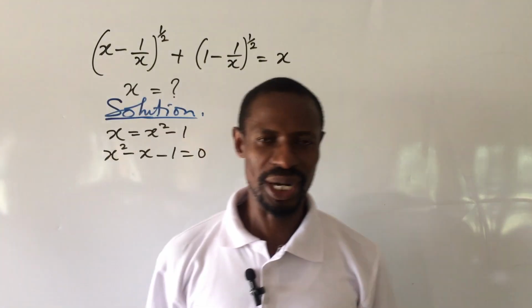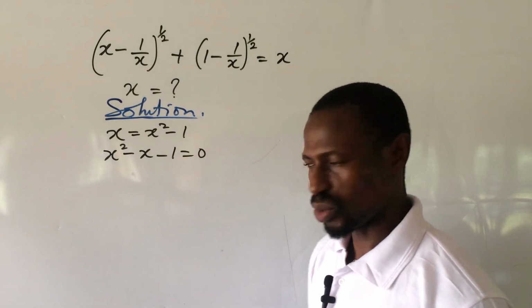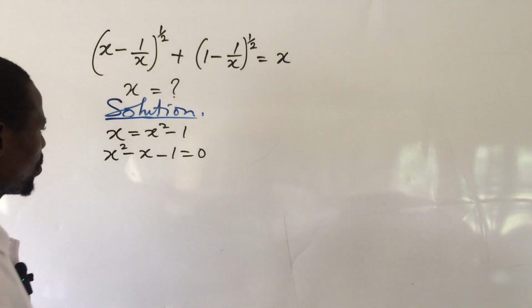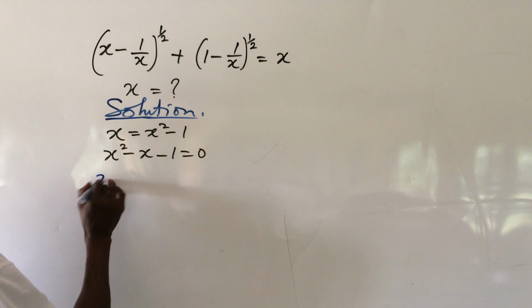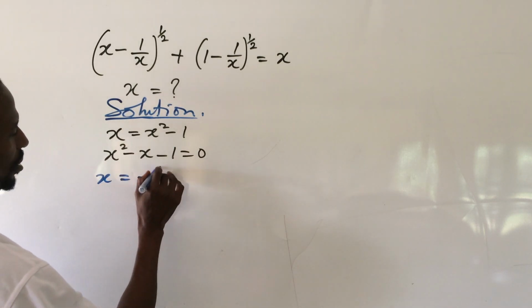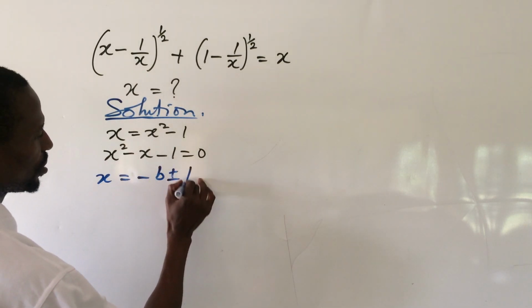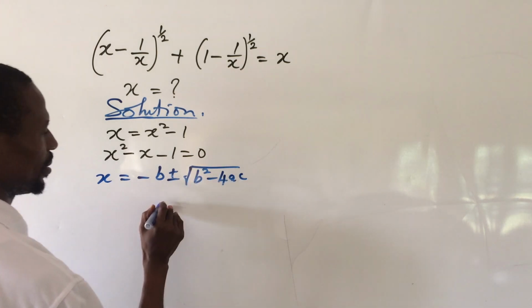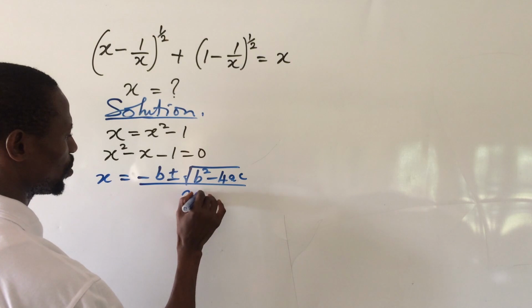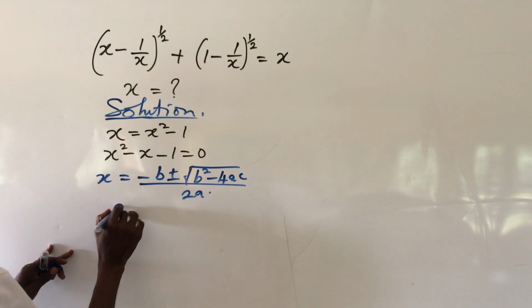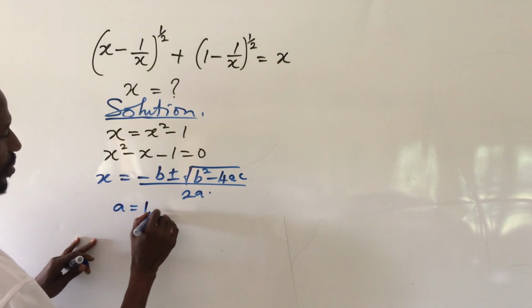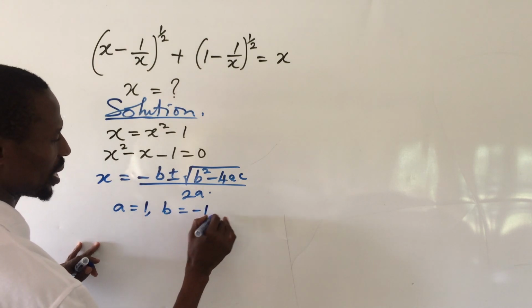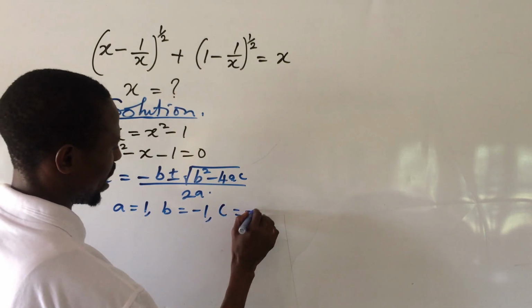This is a quadratic equation again, but we cannot use the factorization method, so let's use the formula method. x is equal to minus b plus or minus the square root of b squared minus 4ac, all over 2a. Our a is equal to positive 1, b is equal to minus 1, and c is equal to minus 1.